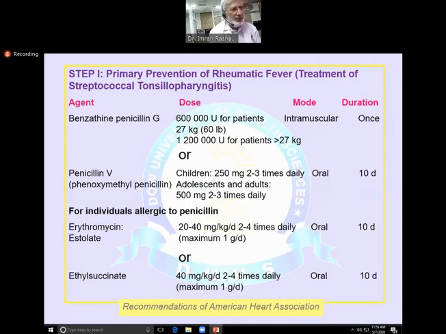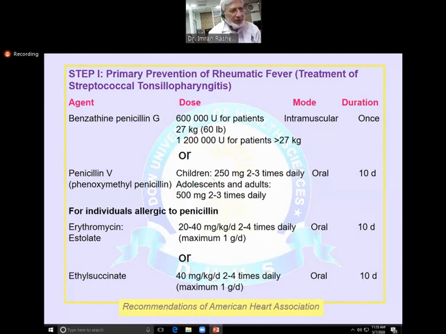And for those persons who are diagnosed with rheumatic fever, but there is a family history of hypersensitivity to penicillin, and the individual is allergic to penicillin, what is the recommendation? If someone is allergic to penicillin, naturally you are not going to give penicillin to that child, and you will give erythromycin estolate instead. Erythromycin estolate is given at a dose of 20 to 40 mg per kg per day in 2 to 4 divided doses daily orally for 10 days.